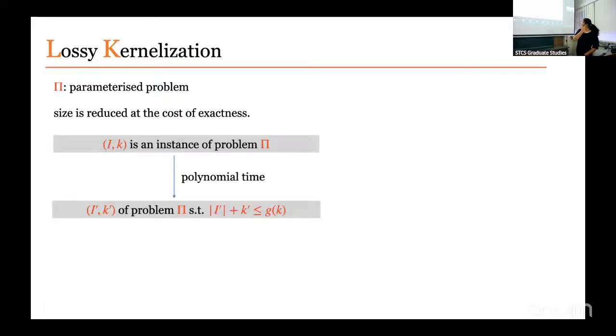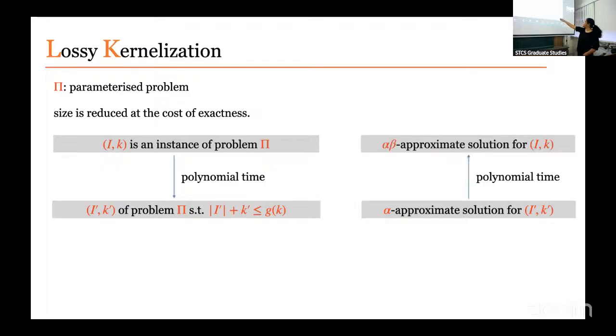What do we mean by that? This part is the same: (I, k) is an instance of the problem, and I am creating another instance of the same problem which is bounded by a function of k. But the property is this: if you give me an alpha approximate solution of the reduced instance, then in polynomial time I can lift it to an alpha beta approximation.